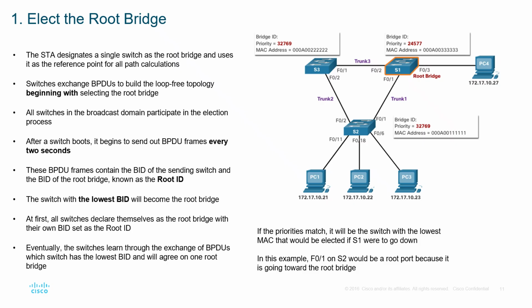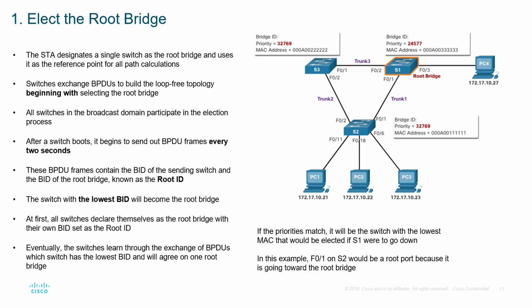At first, all switches declare themselves as the root bridge with their own BID set as the root ID. Eventually, the switches will learn through the exchange of those BPDUs which switch has the lowest BID and will agree on one root bridge. If all your priorities match, it will be the switch with the lowest MAC address that would be selected.